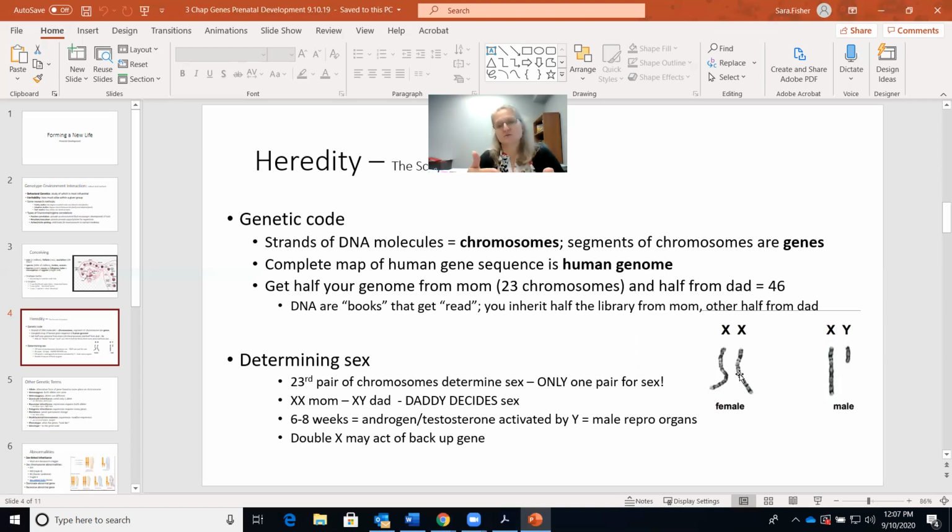If she has contributed her X gene and it has something wrong with it, his Y can't back that up. In other words, if her X chromosome has a mistake and he donates an X chromosome, it neutralizes it. It makes up for the error on her X chromosome. But if there's an error on her X chromosome and he donates a Y, there's not a backup. There's not something to make up for it.